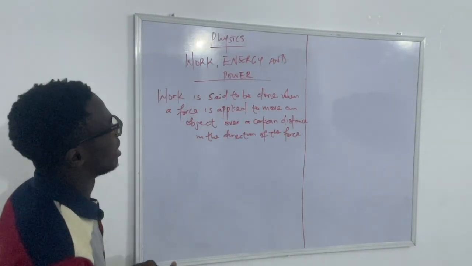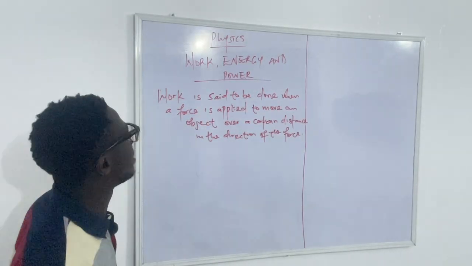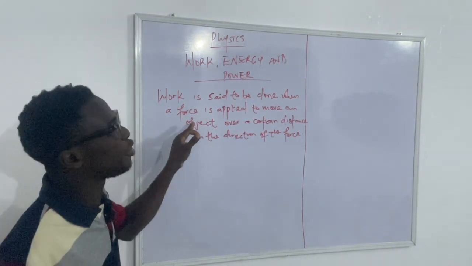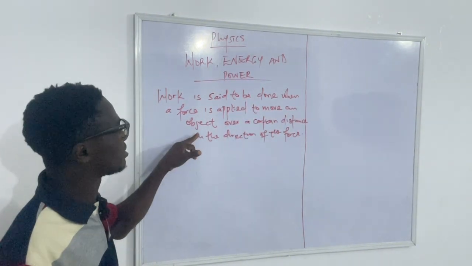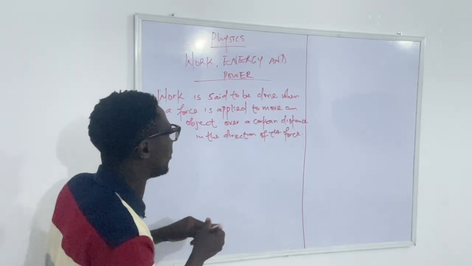Now, it can be likened to what? To work done. Because it said work is said to be done when a force is applied to move an object over a certain distance in the direction of the force.